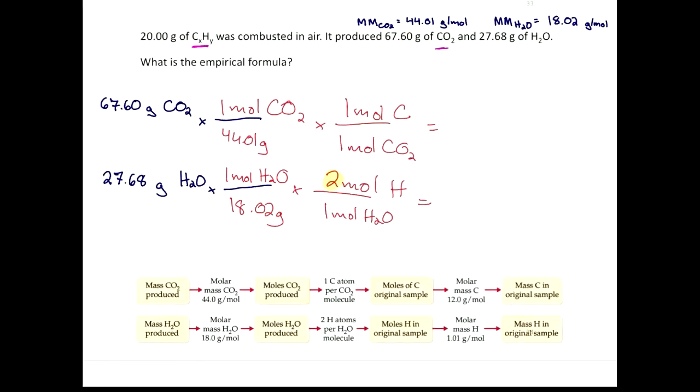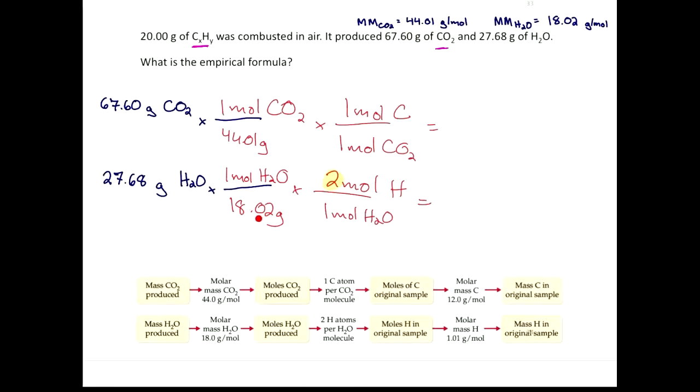So the idea here is to get the moles, just like when we did empirical formulas before. To get moles of carbon, we have to convert the mass of CO2 using the molar mass of CO2. And then from there we see there's 1 carbon atom per CO2 molecule, so it's a 1-to-1 ratio. Then we do the same exact thing with water, just using the molar mass of water.